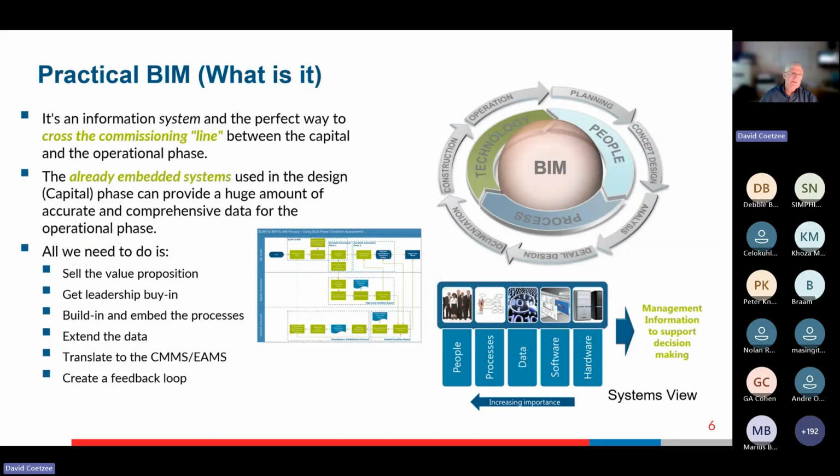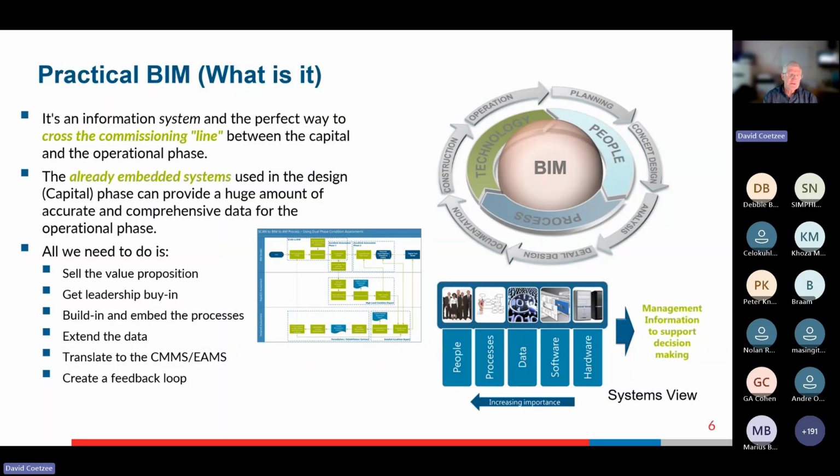And what actually happens as an asset management guy who's very focused on the O&M phase of a project, I have traditionally been very frustrated by the amount of data that gets generated during the design phase, and which does not get translated effectively across into the O&M phase.